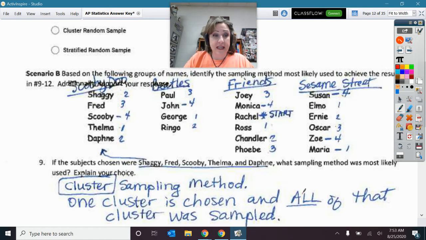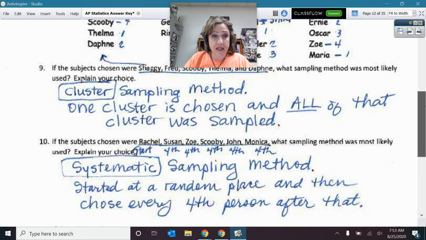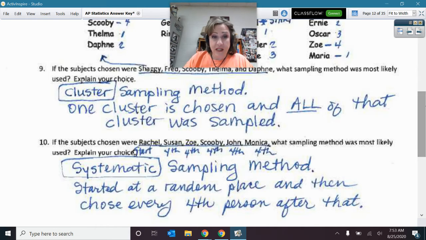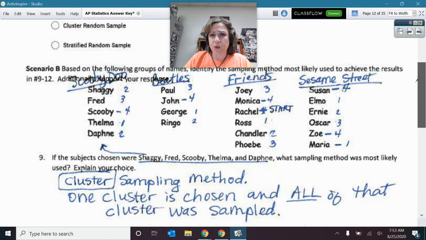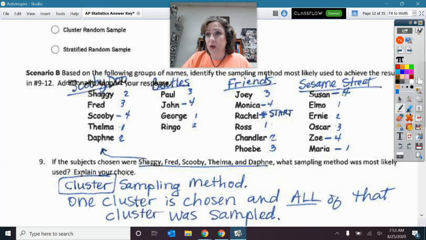All right, so then the next one, they did, let's see here, who was it that was chosen? They did, okay, they started with Rachel, and then they did Susan, Zoe, Scooby, John, and Monica. So what I noticed is that they were kind of going through them. And so I counted. I was thinking, okay, they started with Rachel. And then let's see, the next one was Susan.